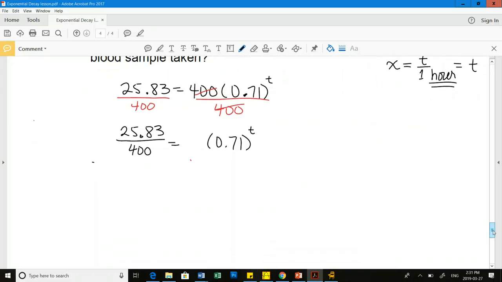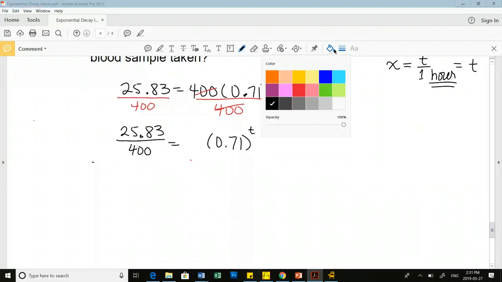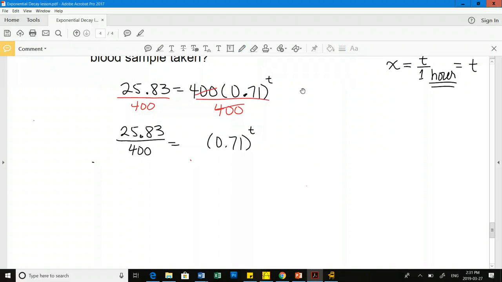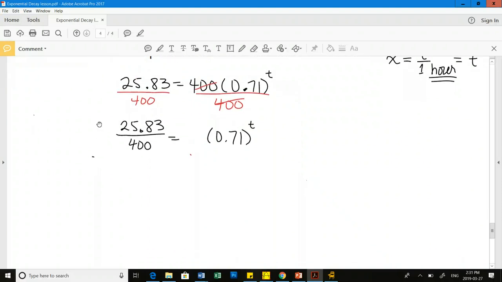Okay, so this is the point where I have my exponent and base isolated on one side. So this is where we use that log function that we talked about yesterday, and we log both sides. So we do log of this whole thing and the log of this. Yesterday we said the reason we do this is so that we can get that unknown exponent.